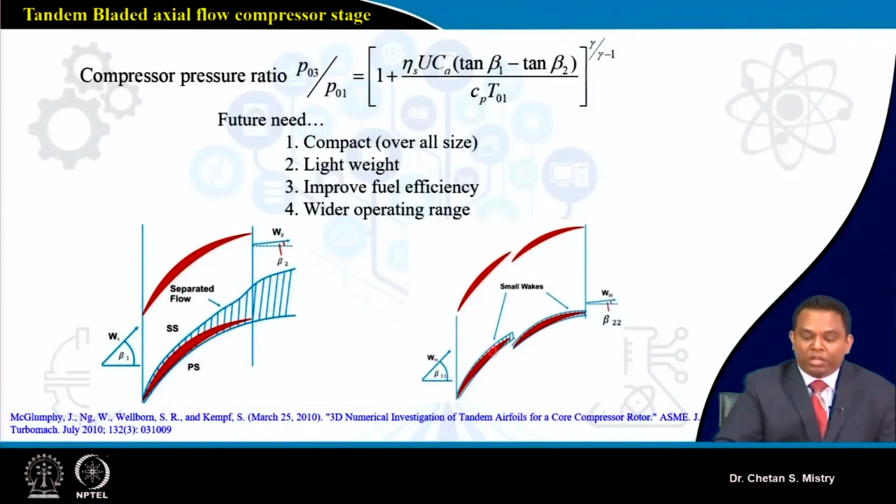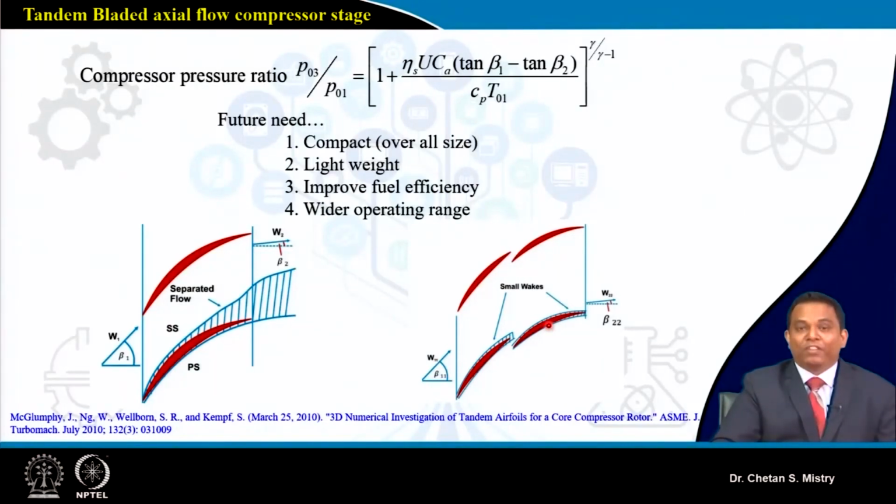What it will be doing, if you look, is reducing the thickness of my boundary layer that is growing on the suction surface. Here there is a small passage between these two aerofoils, and that leads the flow to get accelerated within this passage. Once my flow is accelerated, it helps avoid flow separation from my second blade.